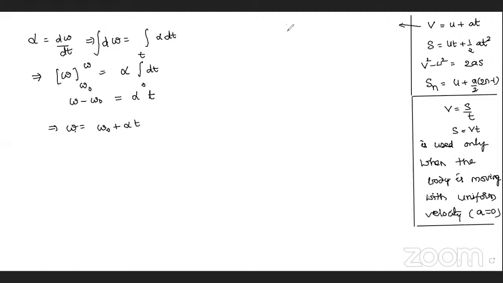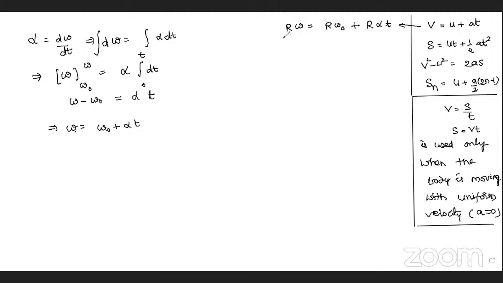V equals R omega. U, that is also velocity, you write as R omega naught, initial angular velocity, plus A, which equals the relation R alpha, into T.